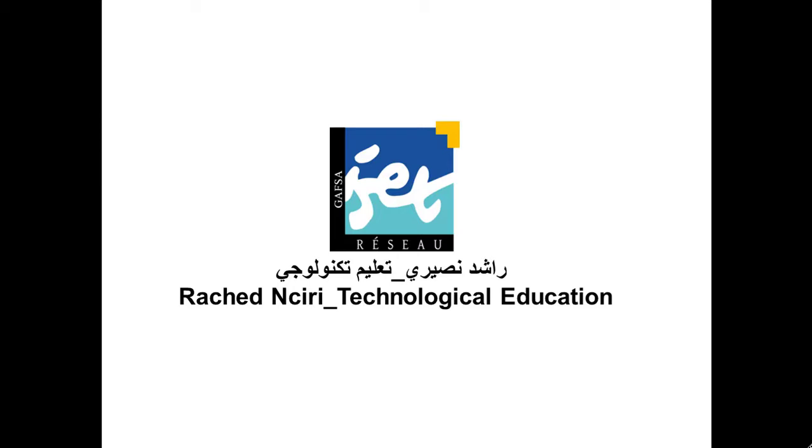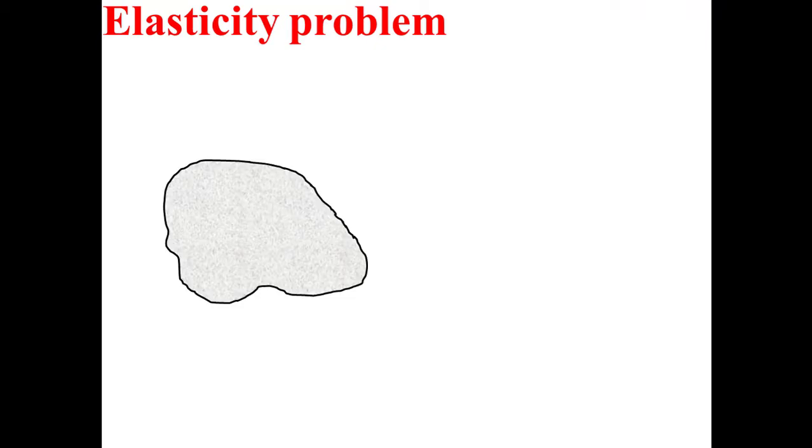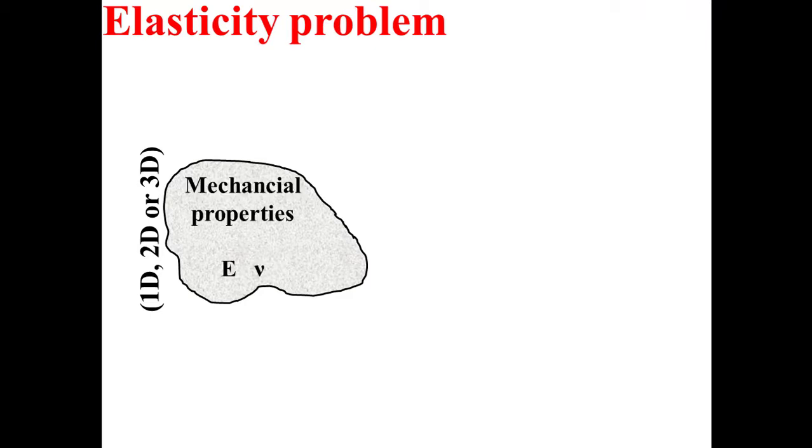Okay, let's go. So, the elasticity problem is characterized by the fact that when we have a certain body with a certain geometry, with a certain shape and certain dimensions, and this geometry can be 1D, 2D, or 3D, and this body is also characterized by its mechanical properties, mainly the Young's modulus E and the Poisson's coefficient nu.